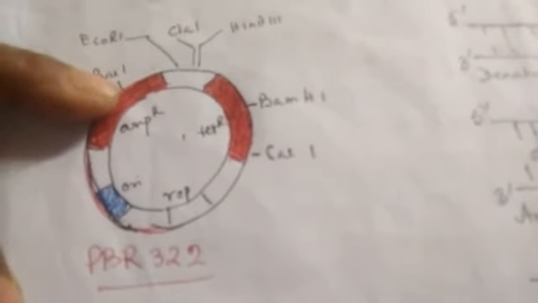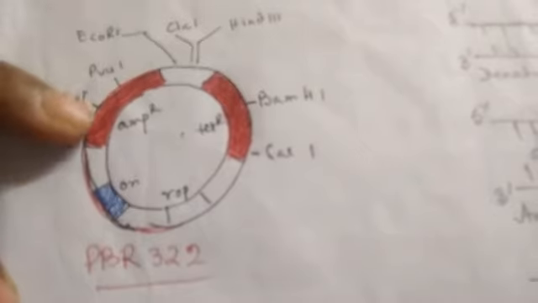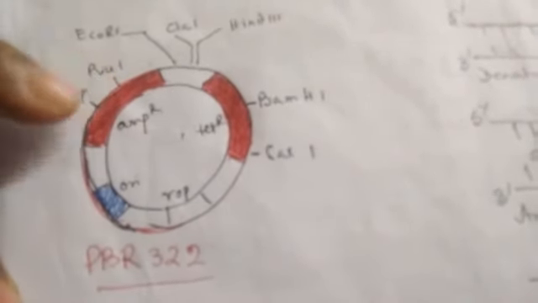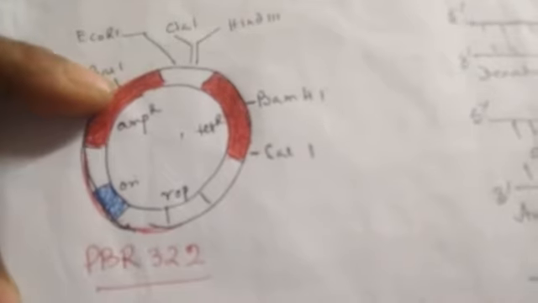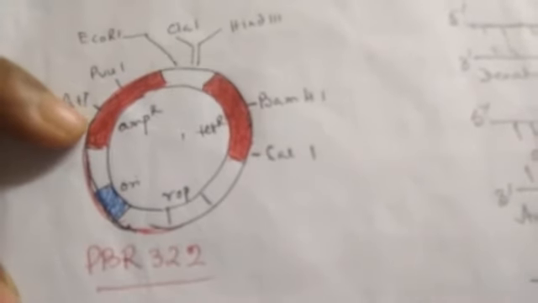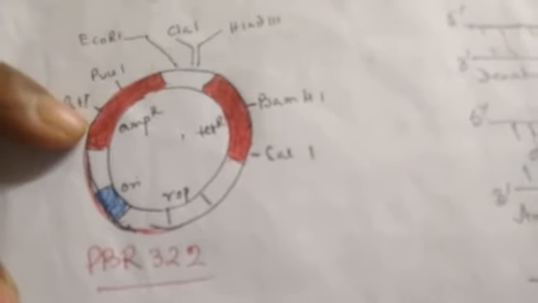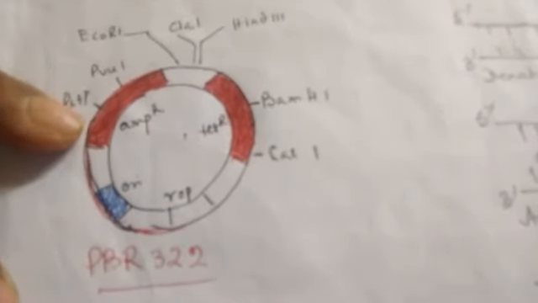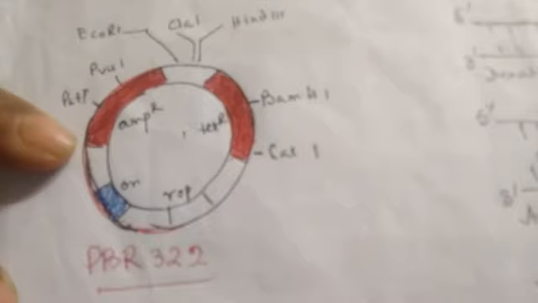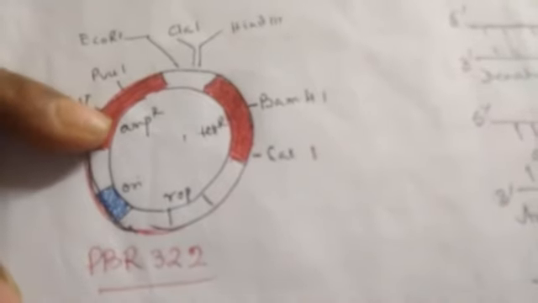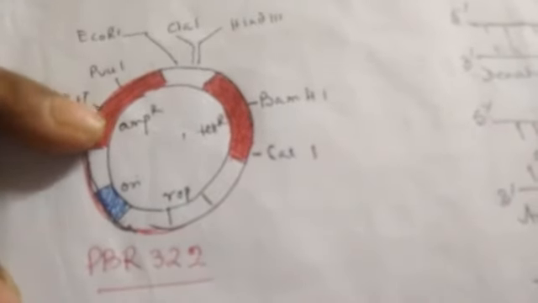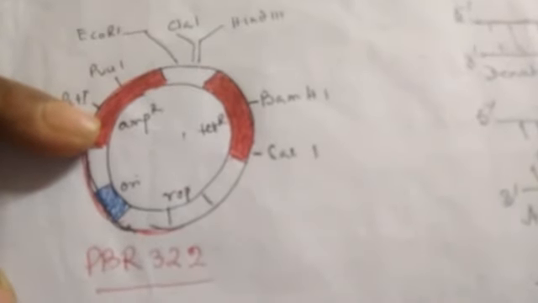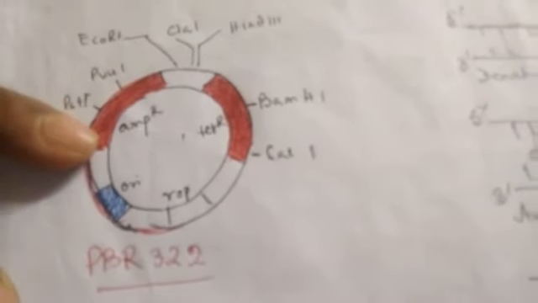Intentionally, numerous recognition sites of various restriction endonucleases have been kept, so that if we cut our gene of interest with a particular restriction endonuclease, we can cut the plasmid, the vector, also by that particular restriction endonuclease to get the sticky ends from where they can rejoin.